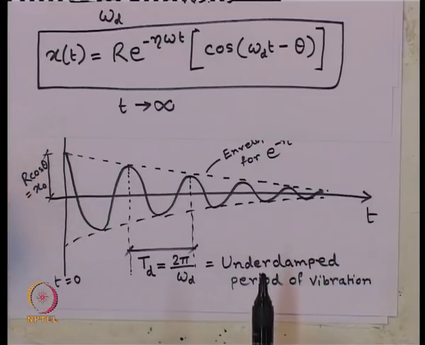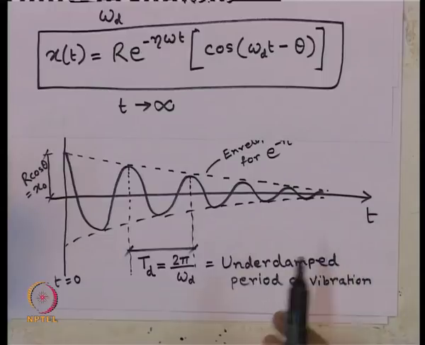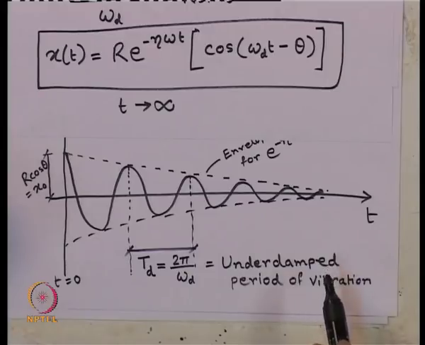Generally, the overdamped case we do not consider, because there is no oscillation, so getting the value of T d does not arise. That is why, if the damped period of vibration is asked, it automatically means the underdamped period of vibration.